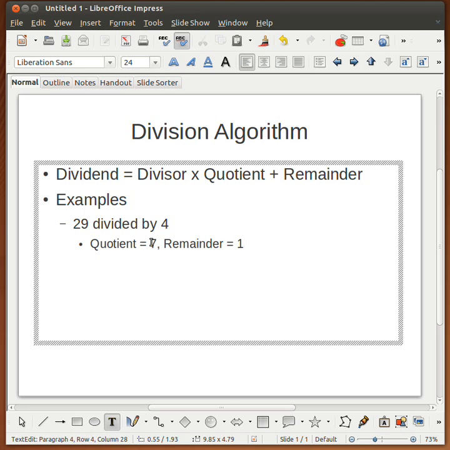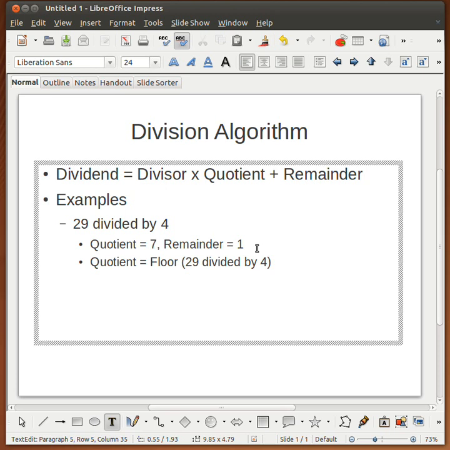So how do you get 7 and not 7.25? In the previous video, you remember we obtained the floor of a positive fractional number by removing the digits to the right of the decimal point. That's precisely what we would do here, which means we would have quotient equals the floor of 29 divided by 4.